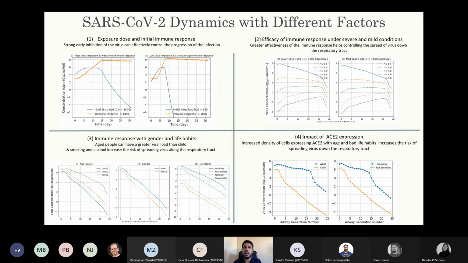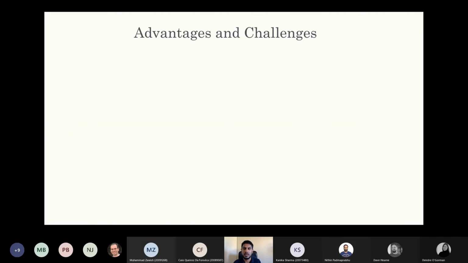This model has a number of advantages as well as disadvantages and challenges. Considering advantages, this model is not limited to SARS-CoV-2 respiratory infections, but can also be used for any other respiratory infection, given some information about the virus. So we can be well prepared for the next pandemic, maybe another virus that affects our respiratory system.